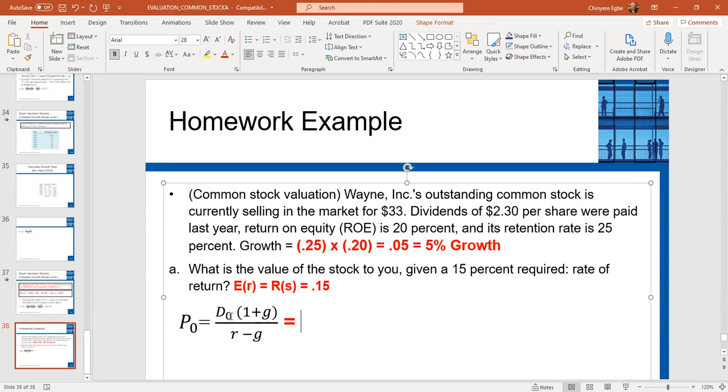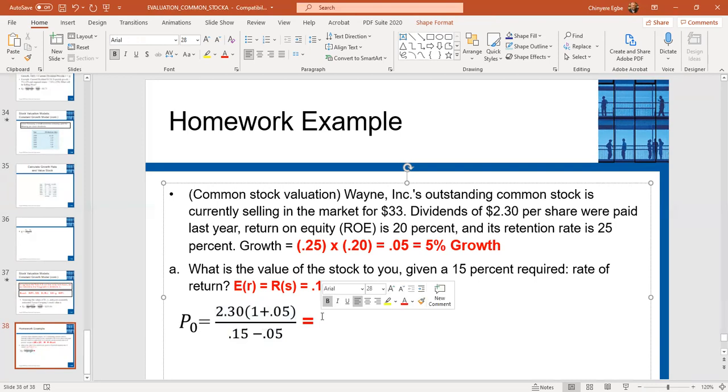We have D naught, which is $2.30, and G is 0.05, and R is 0.15.